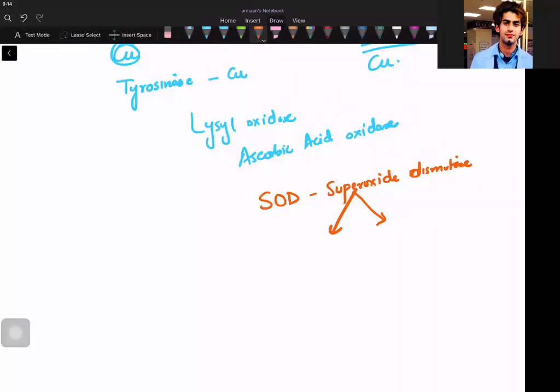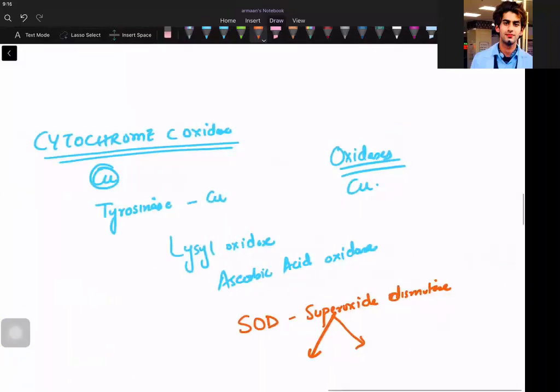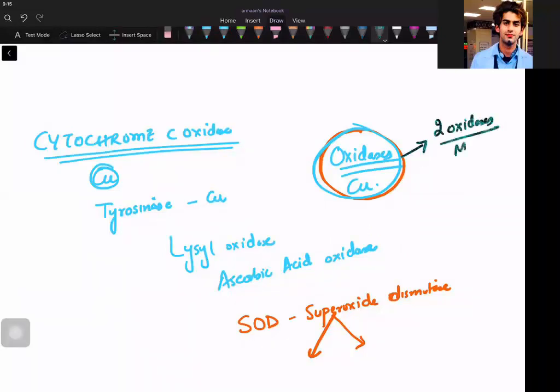Before going to this, I gave you a statement right now that oxidases use copper. But there are two exceptions to this. Two oxidases don't use copper. Rather, they use molybdenum. Please remember, this may be asked in an entrance exam: which two oxidases are the exception, those using molybdenum?